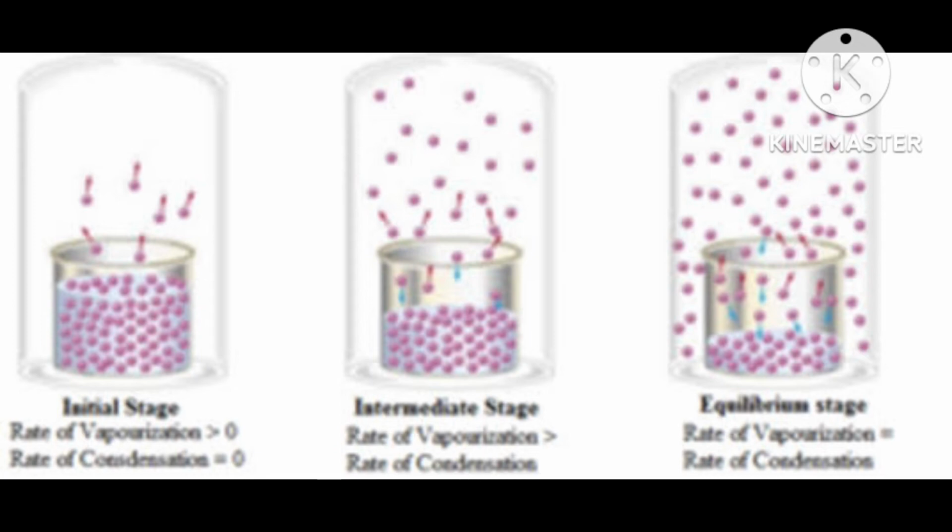If you want to write this equation, you can write sugar solution, sign of equilibrium, sugar solid. And at this time, the rate of dissolution of sugar is equal to the rate of crystallization of sugar.